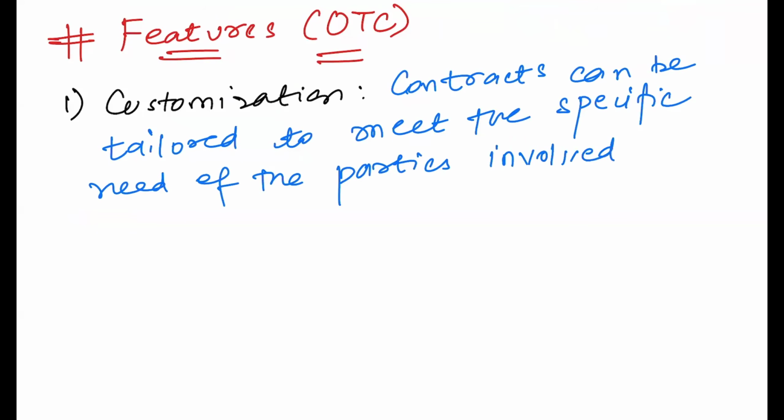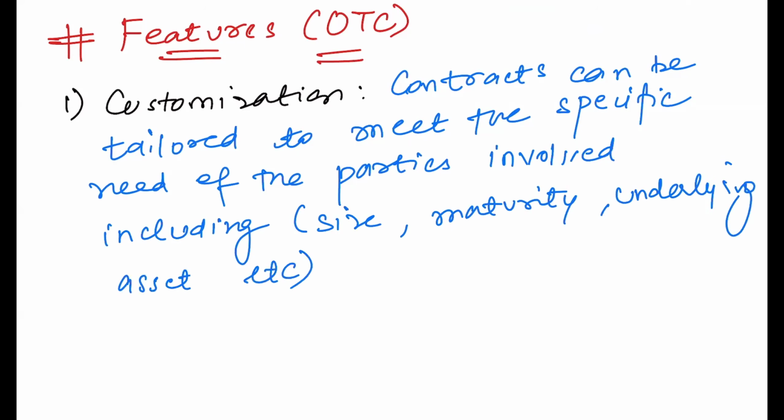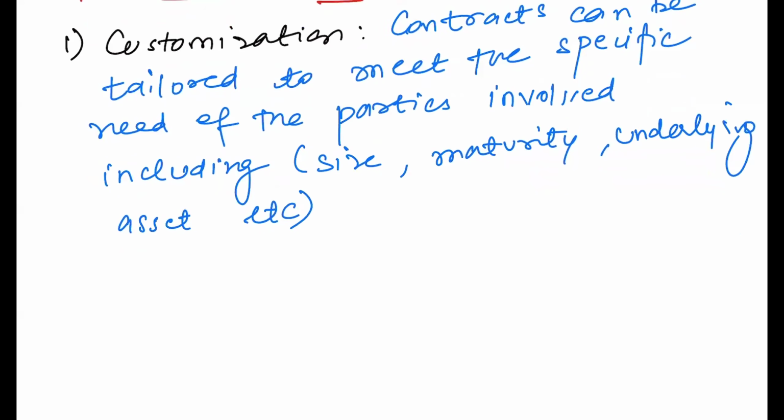And what can be altered includes the size of the contract, the maturity can be changed, the underlying assets can be changed, and like this there are different terms and conditions that can be changed.